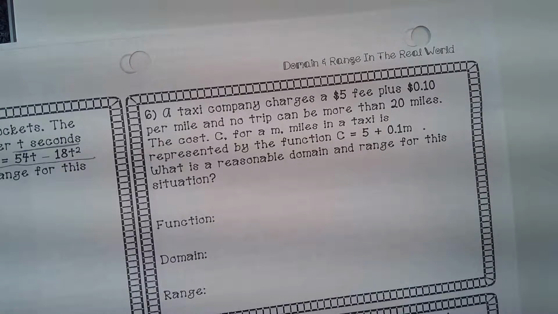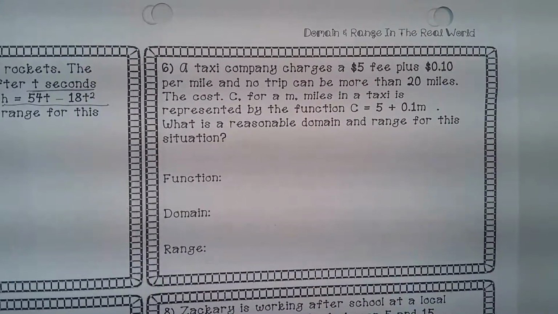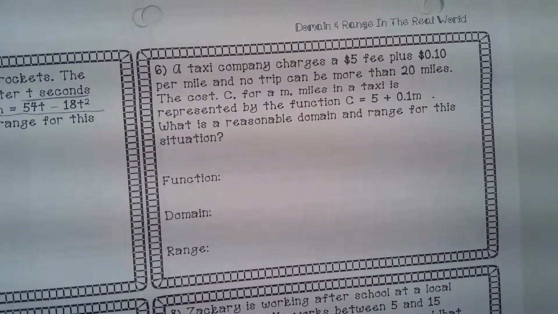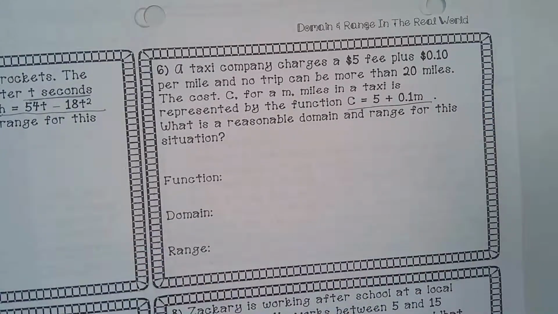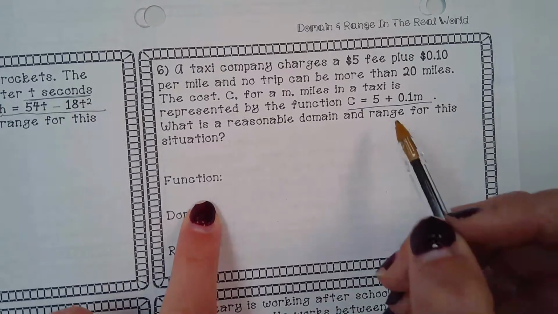It says a taxi company charges a $5 fee plus 10 cents per mile, and no trip can be more than 20 miles. The cost C for M miles in a taxi is represented by your function right here. What is a reasonable domain and range for your situation? When it asks us for our function, what are we going to put?